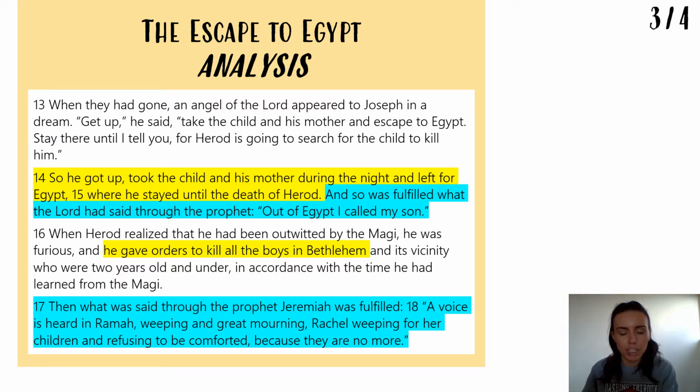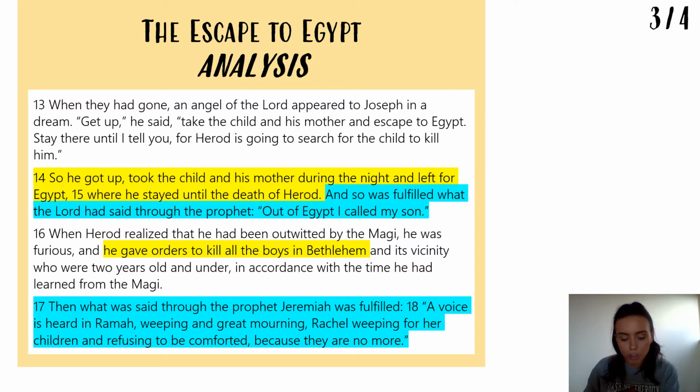So in this passage we get Herod give orders to kill all the boys in Bethlehem. We get Joseph taking Jesus and Mary in the middle of the night to Egypt until the death of Herod, and that can be seen as a story that parallels the story of Moses.